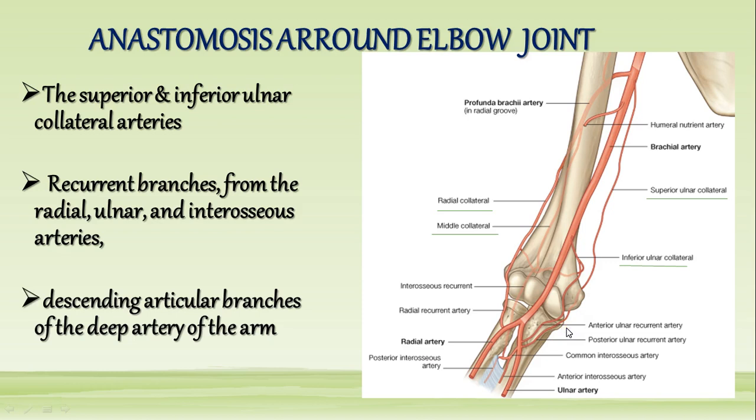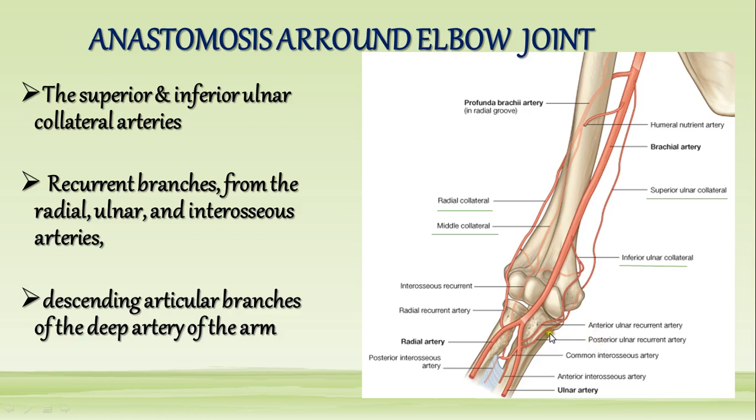The other arteries, you can see in the figure, are the recurrent arteries. Look over here: the radial recurrent artery, and the ulnar recurrent arteries. There are two ulnar recurrent arteries, anterior and posterior.